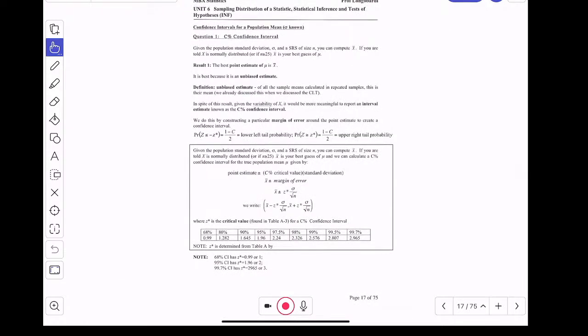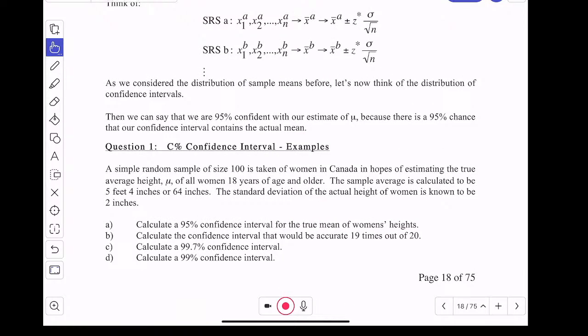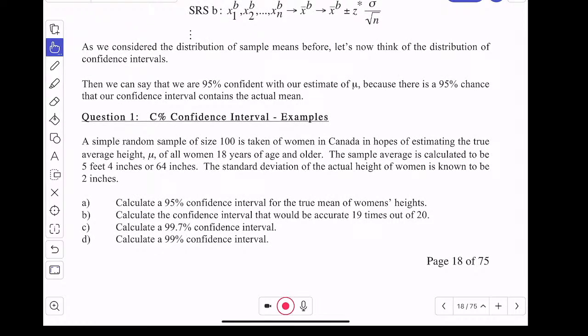So where I'm going to start are with some exercises, and in the process I'm going to talk about what confidence intervals mean. So I'm on page 18.